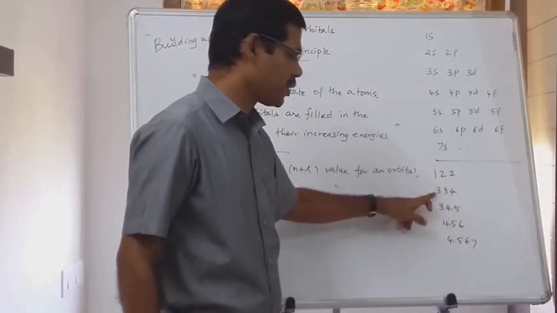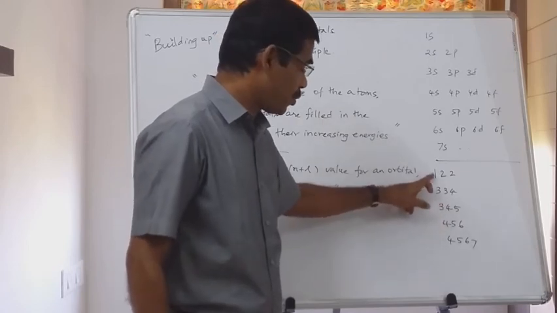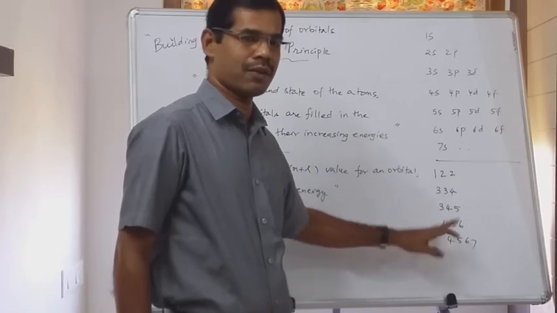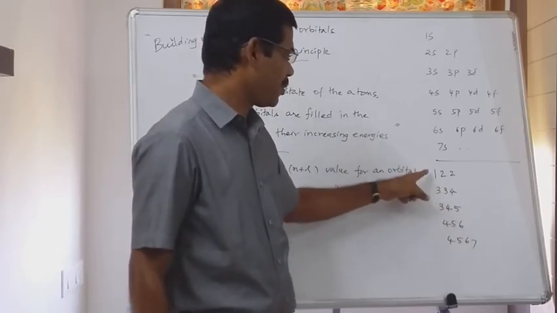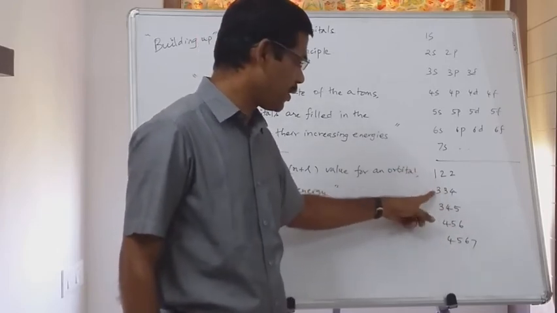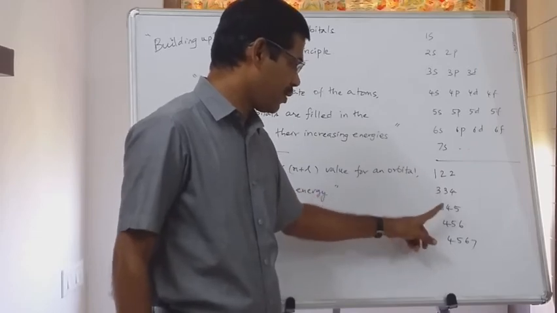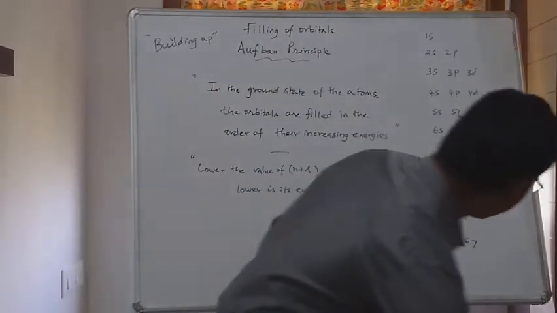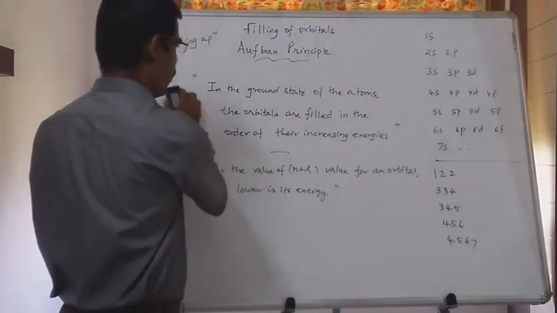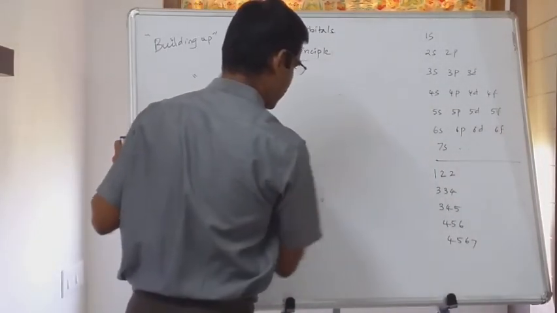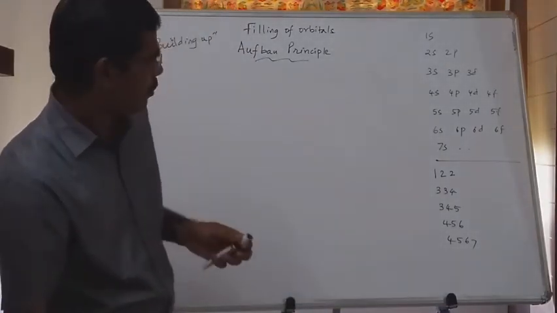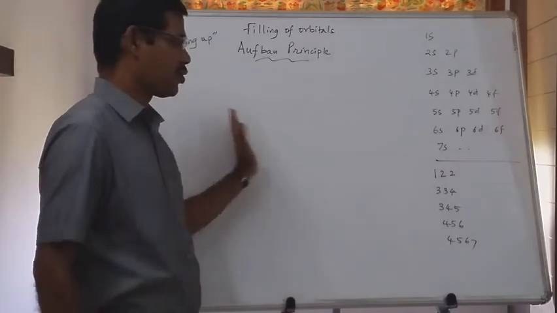Once again, let me recall: 1, 2, 2, 3, 3, 4, 3, 4, 5, 4, 5, 6, 4, 5, 6, 7. Now, what is this number and why should we remember it? This is the shortest way to remember which orbital has less energy and which has more energy.